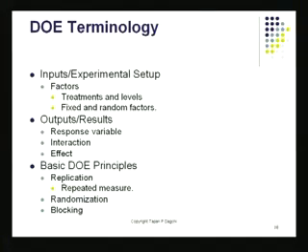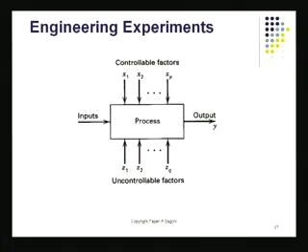There are certain principles we apply when we use DOE. For example, replication is a process that is used whenever we are repeating the same trial again and again, several times. This is because no matter what system you are looking at, like the system that I showed you, there are some factors which are controllable, but there are many factors that are uncontrollable. The ones that are uncontrollable, I am not setting, and therefore I do not know when they are on or when they are off, or to what degree they have changed during the experiment.